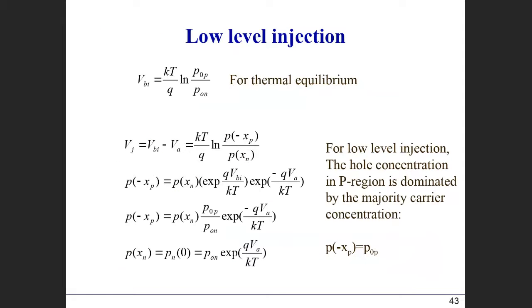The first thing we have to understand is the terminology called low-level injection. When you say low-level injection, for example, let's say you have a semiconductor, which is N-type silicon.